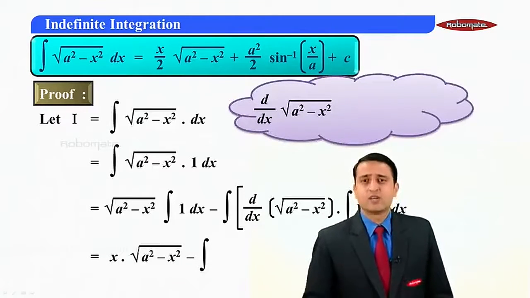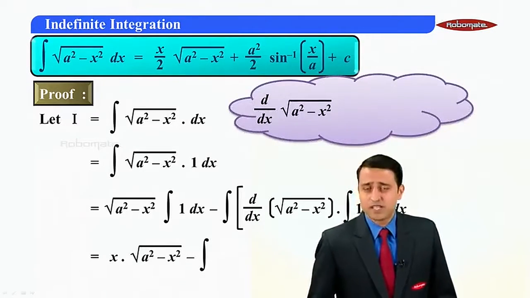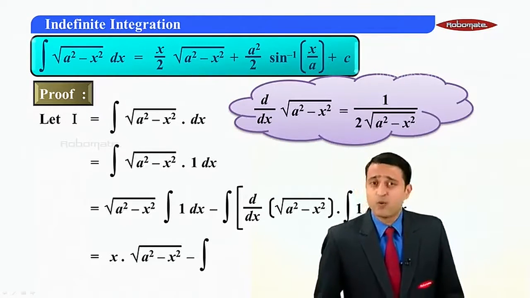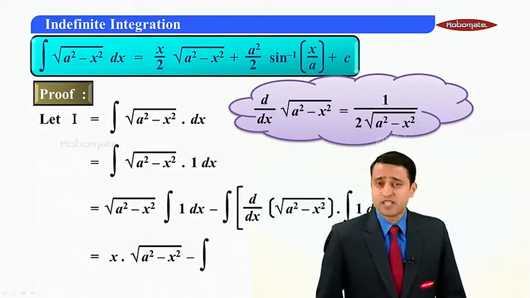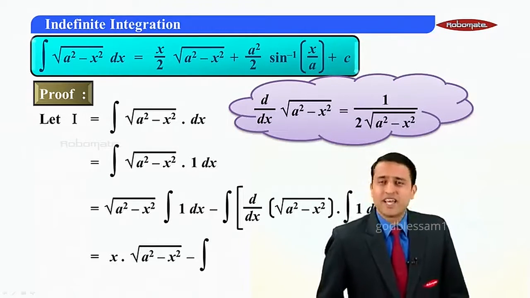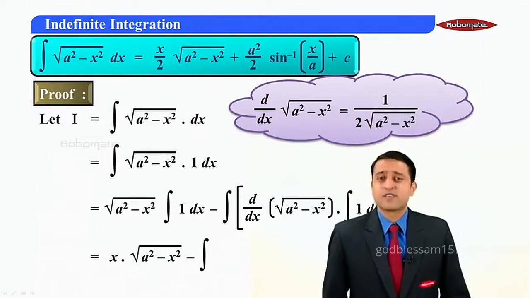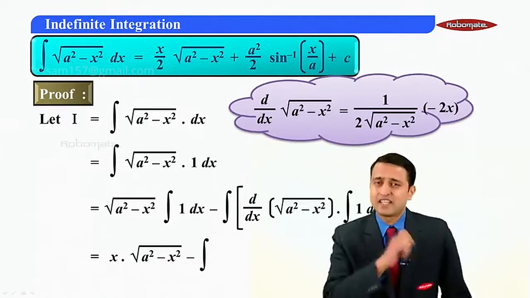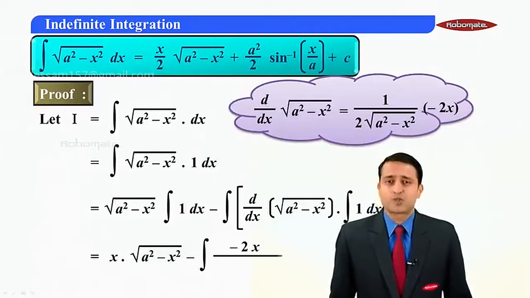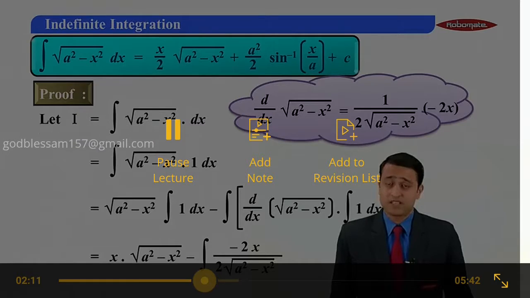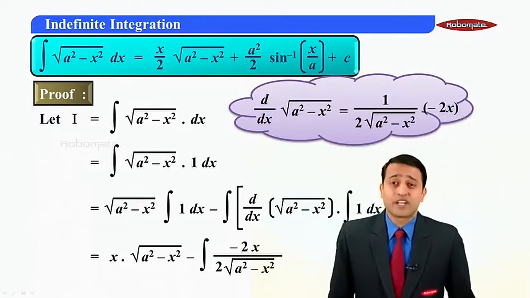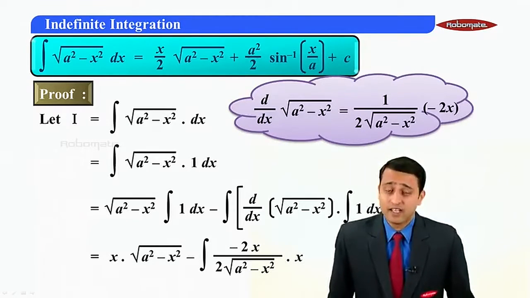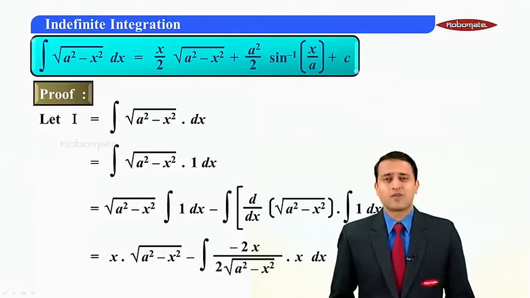So root of a square minus x square on differentiation will give me 1 upon 2 root of a square minus x square into derivative of a square minus x square, which is minus 2x. So therefore, in the next step, inside the integral, can I write minus 2x upon root of a square minus x square? Please do not forget, integral 1 is still remaining. So can I write into x again? Okay, and dx is as always there.